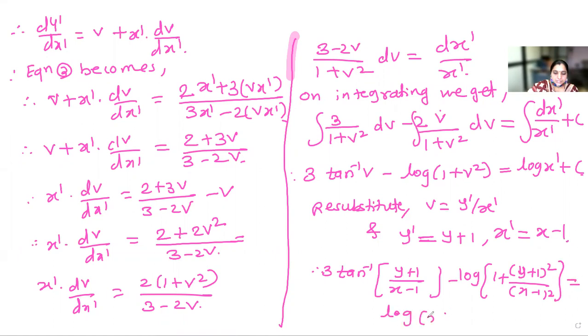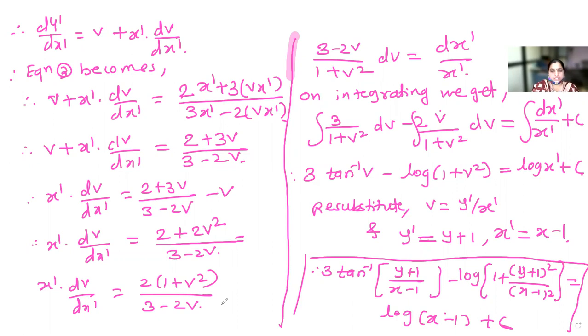What is x dash? x minus 1 plus c. Okay, and this is your required solution. So write down fast. If you have any doubt up to this point, you can ask me.